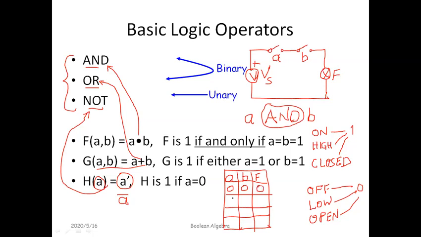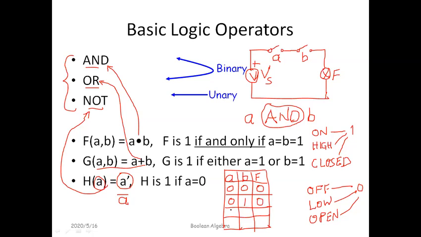Then, if we leave A open and close B, the lamp F will still not come on. It will still be a 0 because the circuit is not complete.